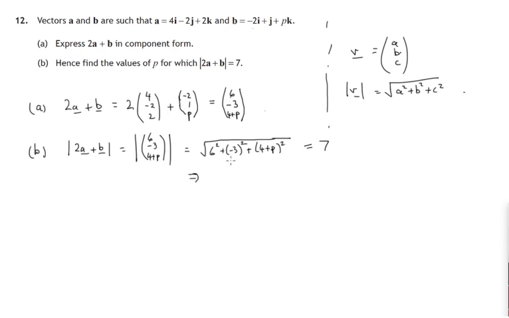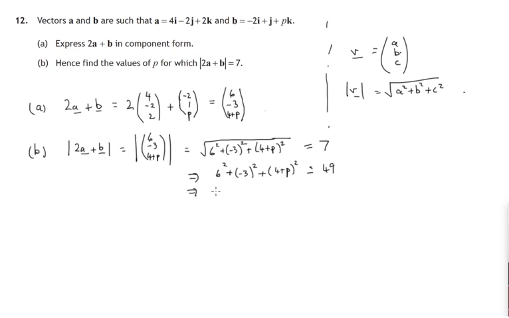So let's have a look at this equation. First of all, let's get rid of the square root sign, and on the left hand side we'll square. The opposite of square rooting is squaring, so we'll square both sides of this equation, and that square root sign will disappear. So that's our first step, and 7 squared is 49.